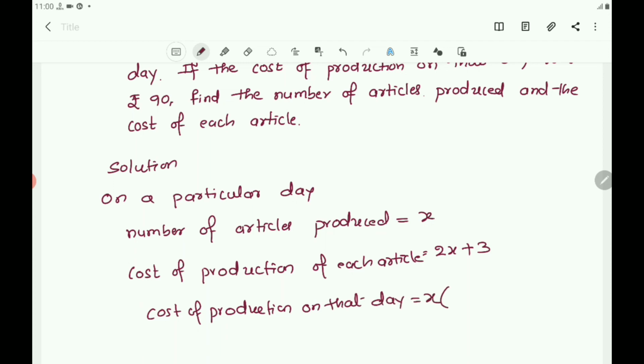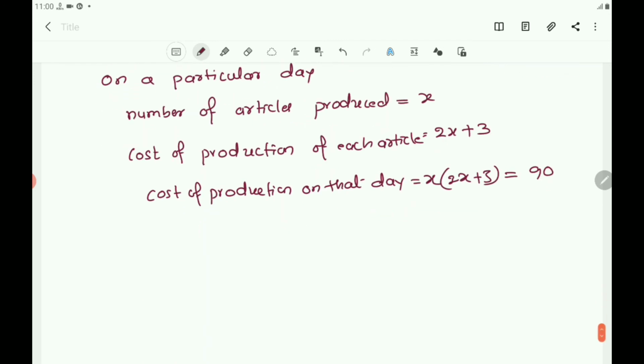The number of articles times the cost of each article equals 90. So you get the relation x into 2x plus 3 equals 90. Here 2x plus 3 is the cost of one article, and the total cost of x articles is x into 2x plus 3, which equals 90 rupees.